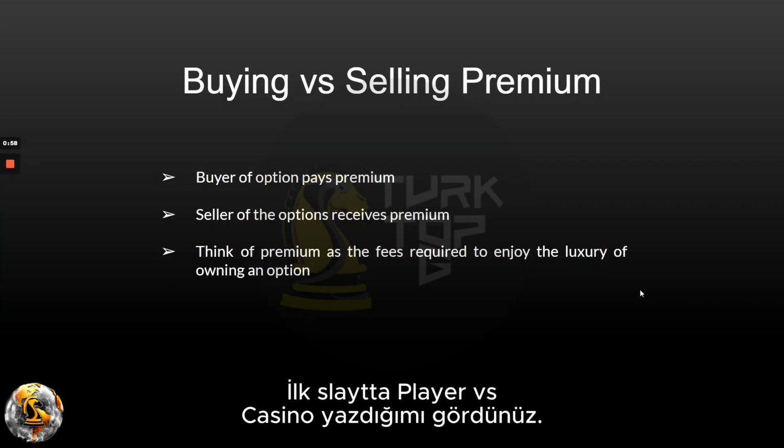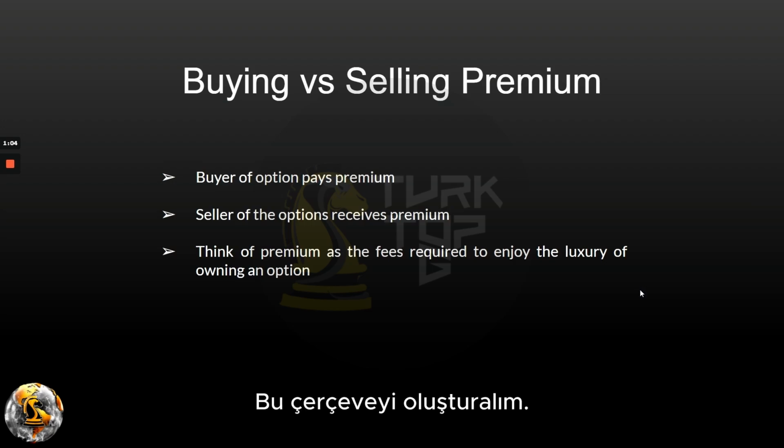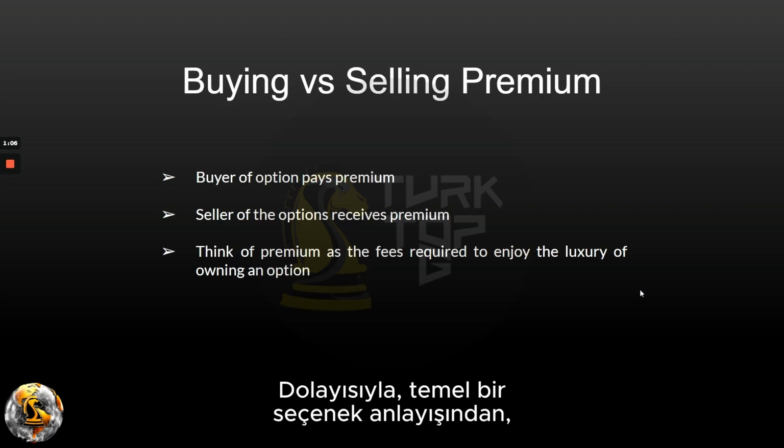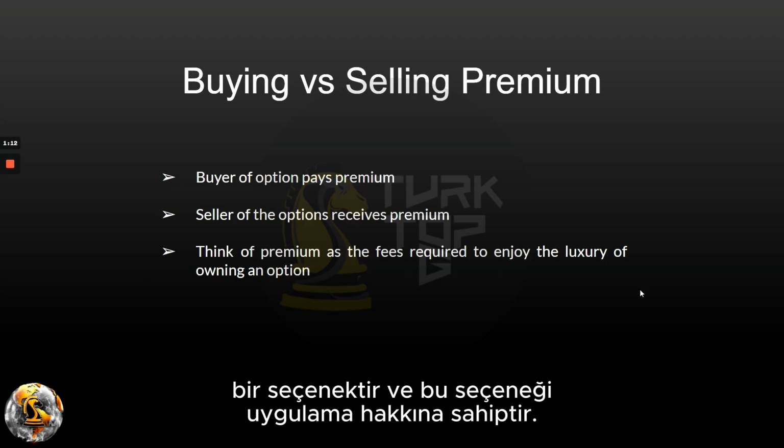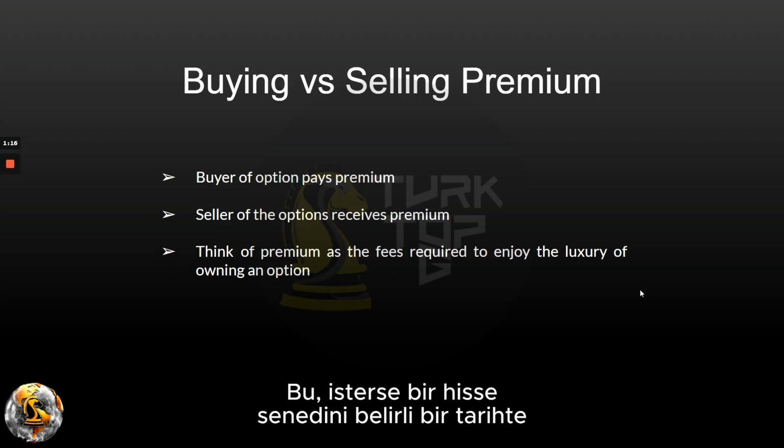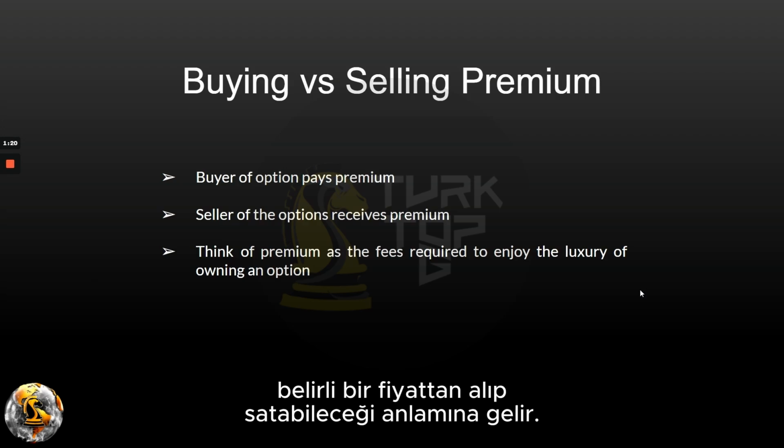So in the first slide, you guys saw that I wrote player versus casino. Let's establish that framework. From a basic understanding of options, you know that there is one person who buys an option and he has the right to execute that option. What that means is he can either buy or sell a stock on a specified date for a specific price, if he wants to.